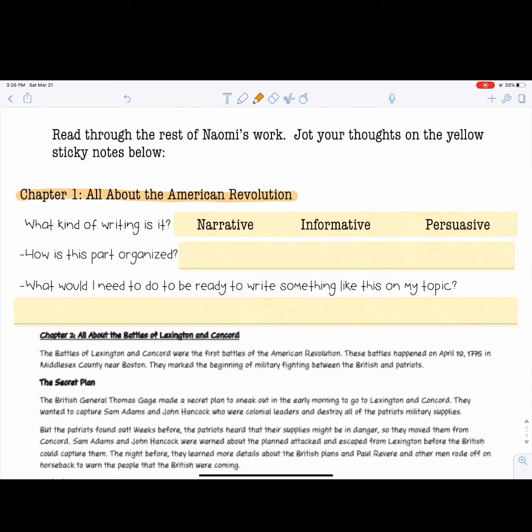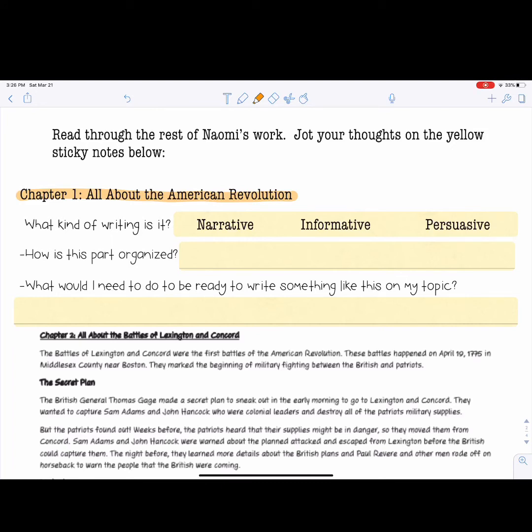What kind of writing is this? Is this narrative? Is this informative? Or is this persuasive? So this is where you're going to analyze this first part, this Chapter 1 of our mentor text. Also looking through her writing, how do you think this section or this chapter is organized?